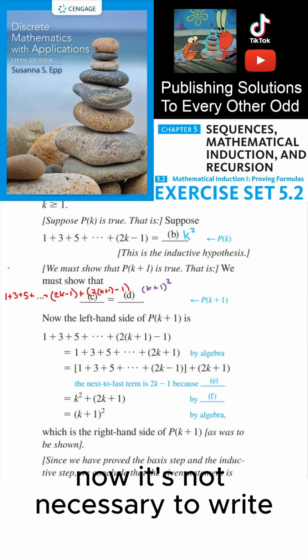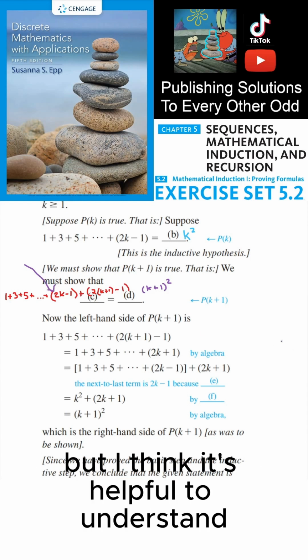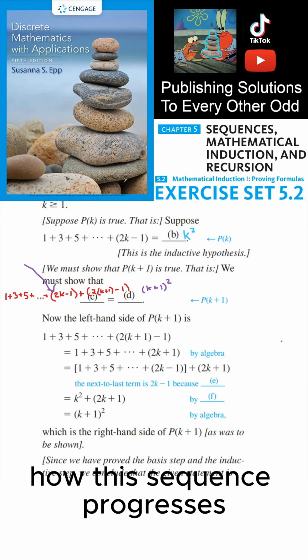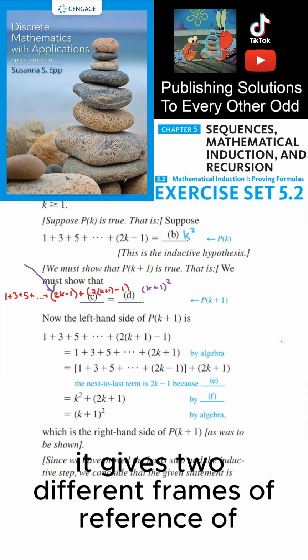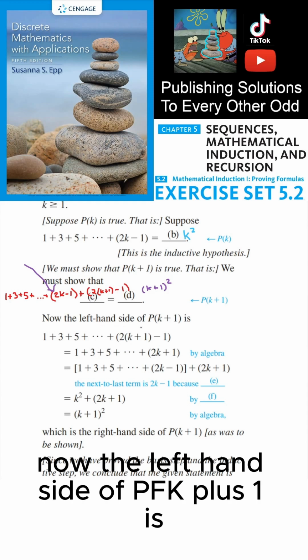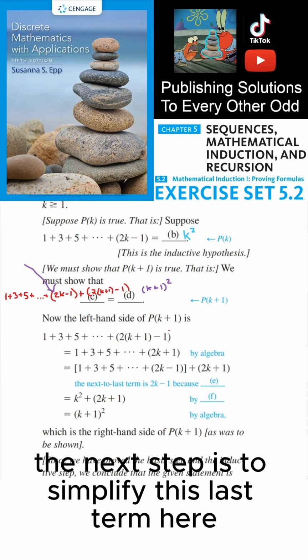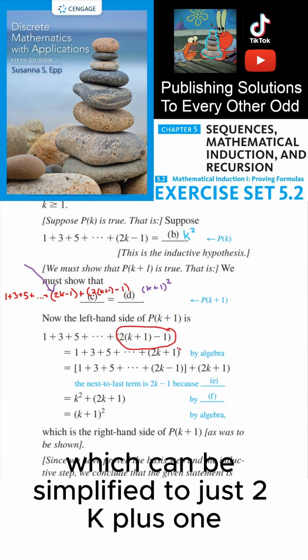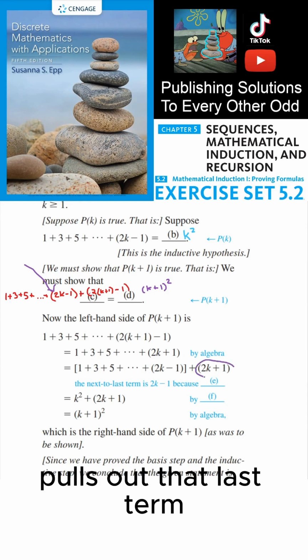Now, it's not necessary to write the second to last term here, but I think it's helpful to understand how this sequence progresses from both the beginning and from the end. It gives two different frames of reference. Okay, let's keep going. The left-hand side of P of k plus 1 is what we just wrote down earlier. Now the next step is to simplify this last term, which can be simplified to just 2k plus 1. And then the author pulls out that last term.